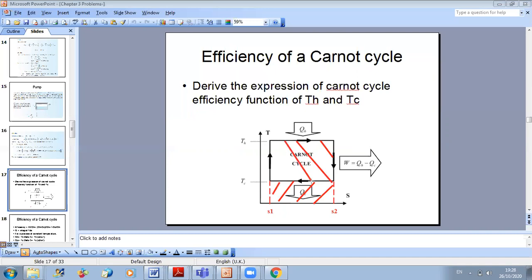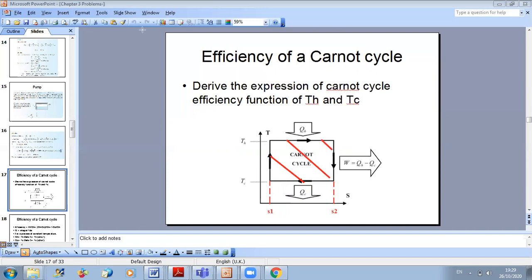And as you know, the net work is the total heat, so it's equal to QH minus QC. This is why if you subtract the big area and you subtract from it the small area, what do you get as work, as net work? The difference between them is this part. Okay?